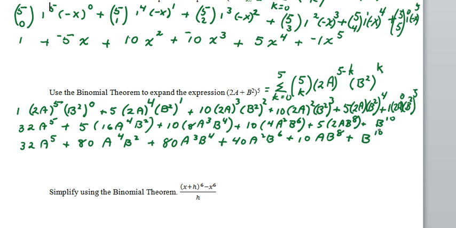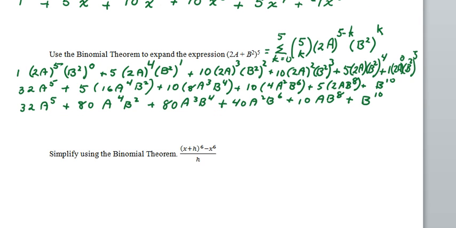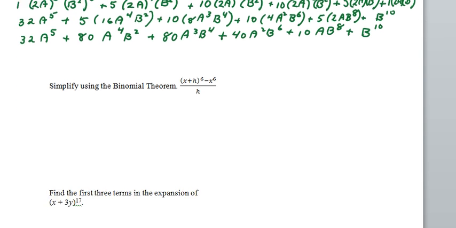The next problem asks us to look at x plus h raised to the 6th minus x to the 6th, all over h. This type of problem we could come up with in a situation using a difference quotient that we did earlier in the semester.